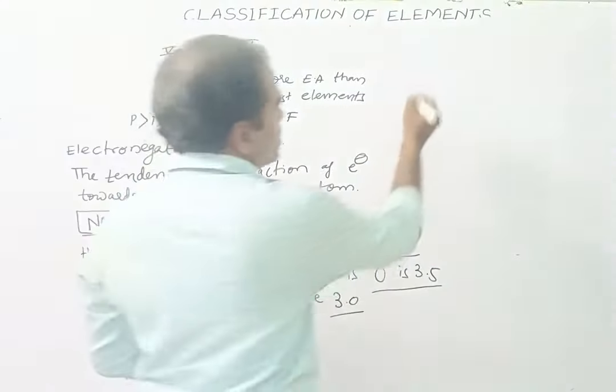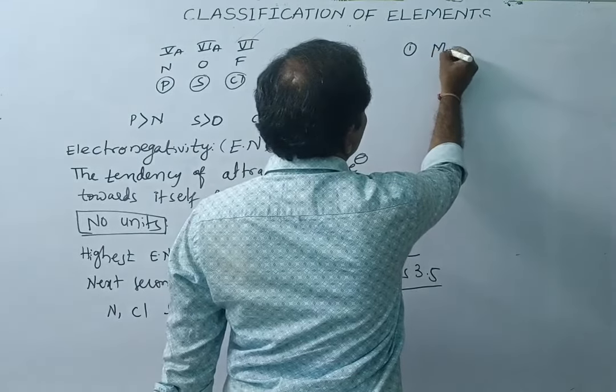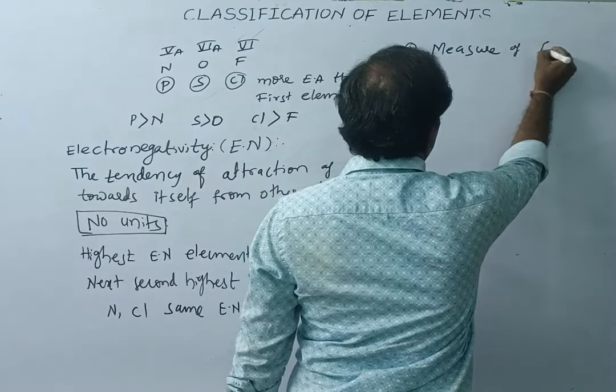The En values can be measured in different ways. The first one is the Pauling scale, a measure of electronegativity.